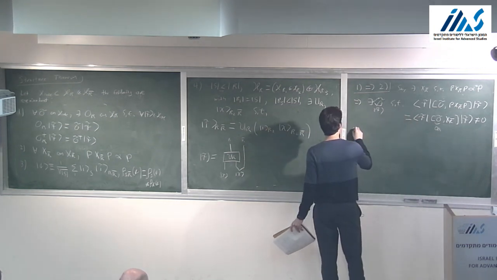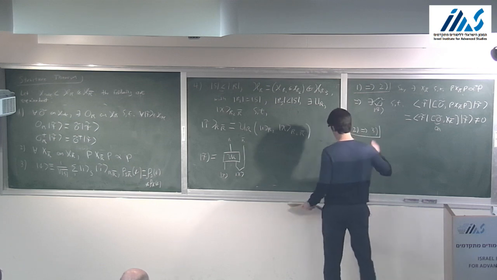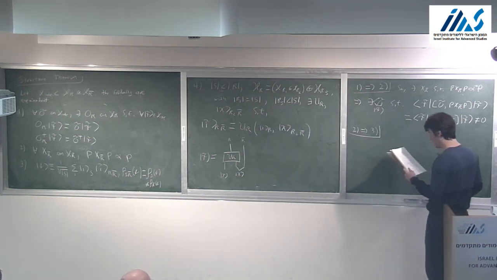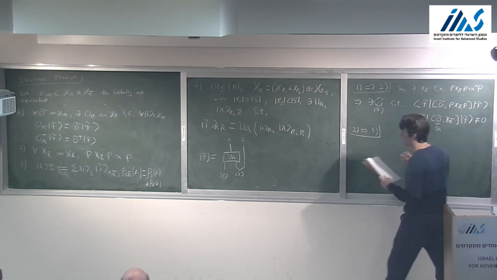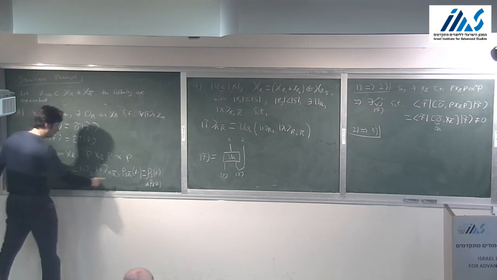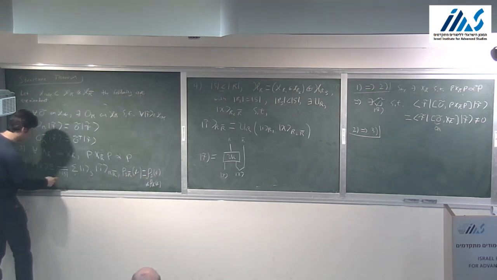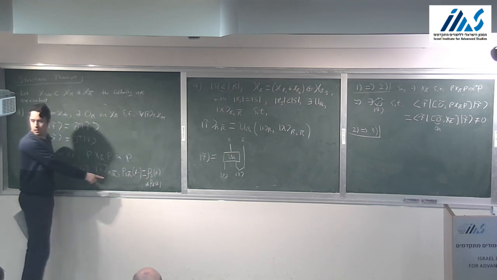Now let's do 2 implies 3. Okay, so the idea here is that we want to show that in this state phi, if we look at the reduced state on S and R bar, the state is a tensor product.